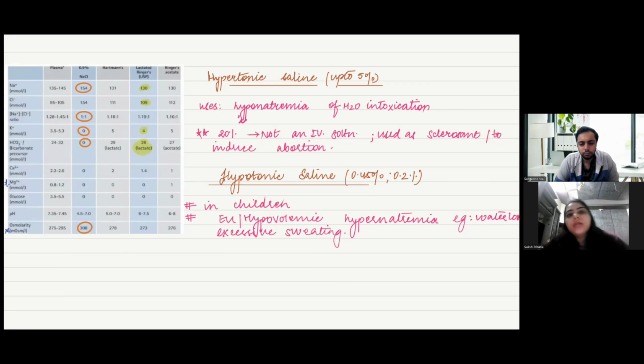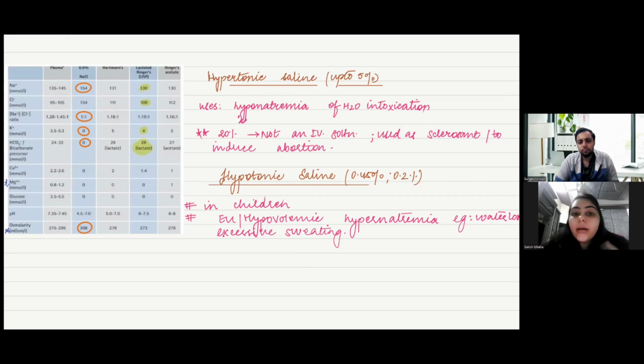So we have hypertonic saline and hypotonic saline. Hypertonic saline comes up to a concentration of 5%, and mostly it is used in hyponatremia of water intoxication.